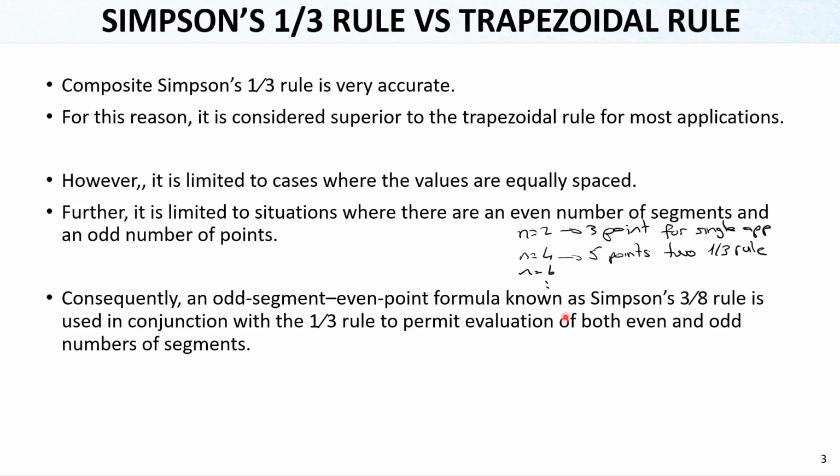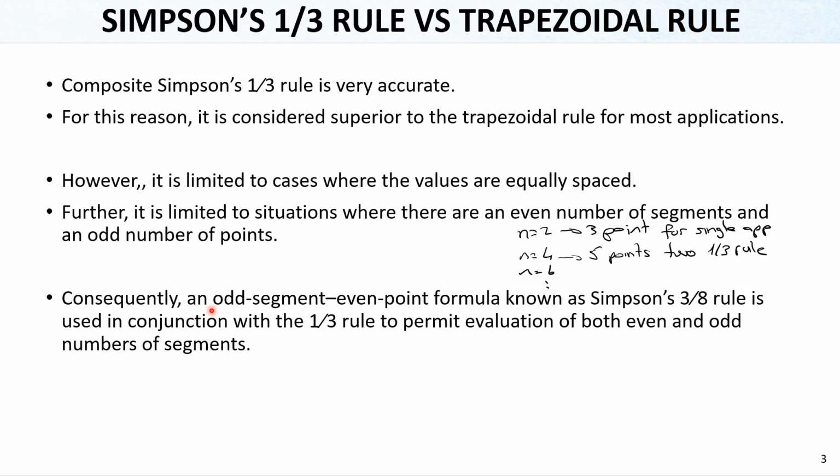For these, we can use Simpson's 3/8 rule. And the 3/8 rule is a cubic fit. We will show it in the following slides. It's a higher order than this one, but still the error degrees are the same. So it only needs 4 points.